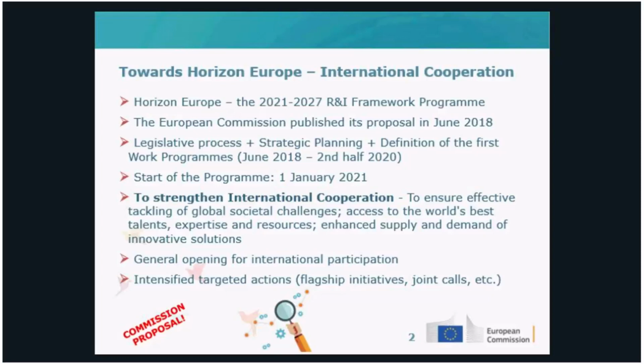There are still some steps that need to be followed in order to complete the process, and the expectation is around the second half of next year to have the first calls published in the Funding and Opportunities Tender Portal, and then to have the next program start from the 1st of January 2021.